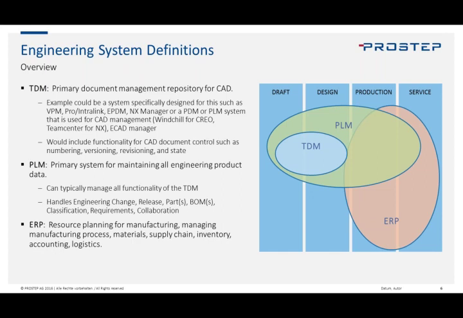I would call it maybe an older document management system for CAD, like VPM or the old Pro Intralink 3.1 or EPDM, NX Manager, I-deas TDM, things like that. Just a system that specifically warehouses and stores CAD data and then has some versioning control for that, right?